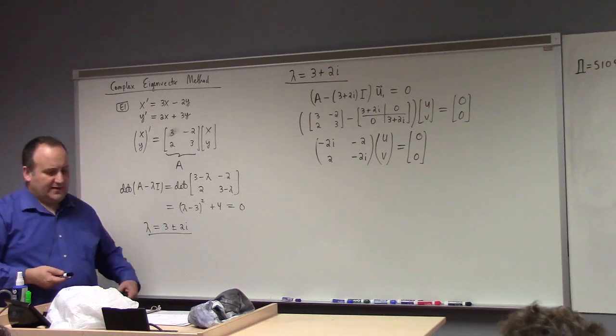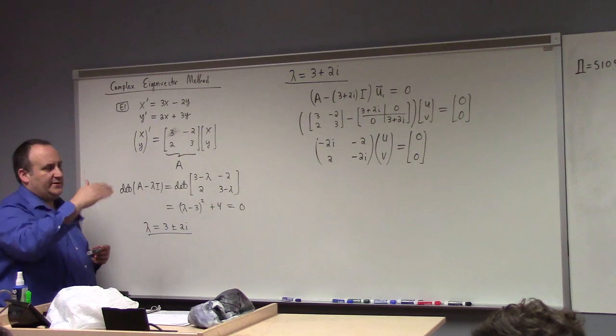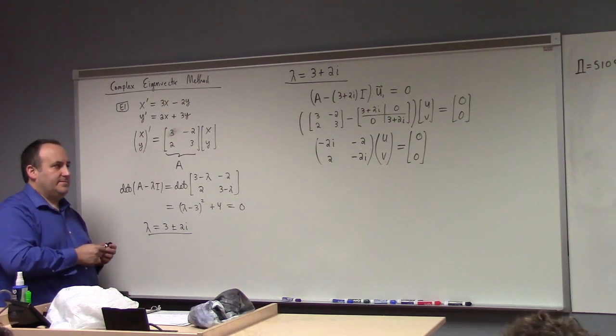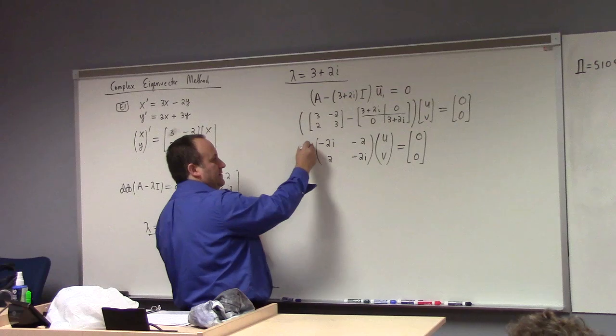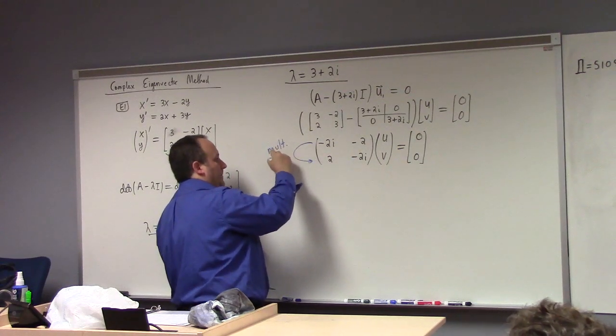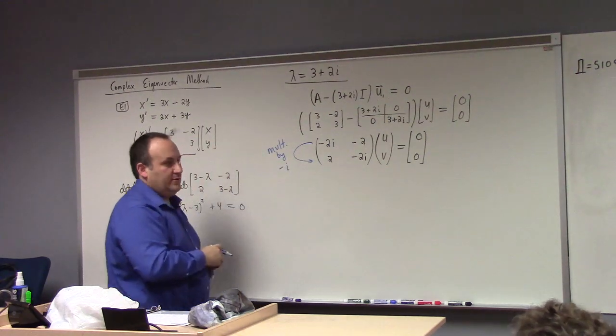So it should be the case, if we did our math right, that the one equation is simply a multiple of the other. And I think maybe you can see that if you take this right here and multiply by minus i, what would that give you?